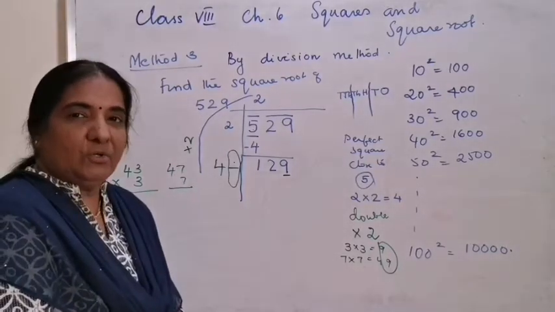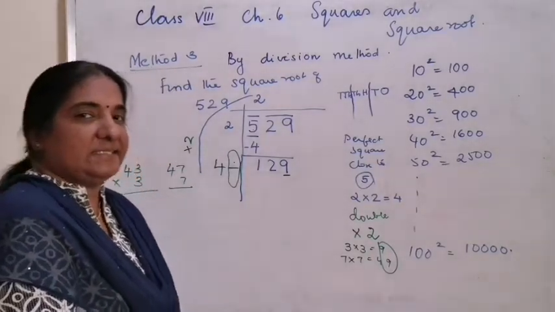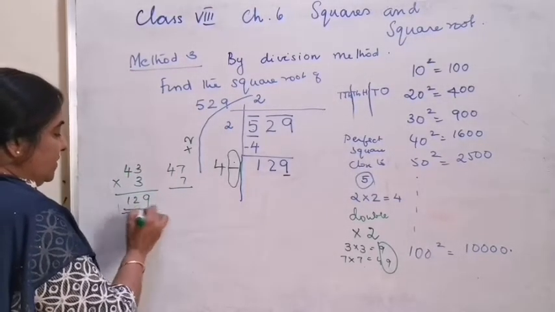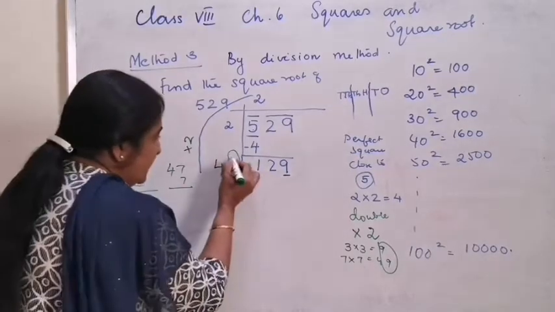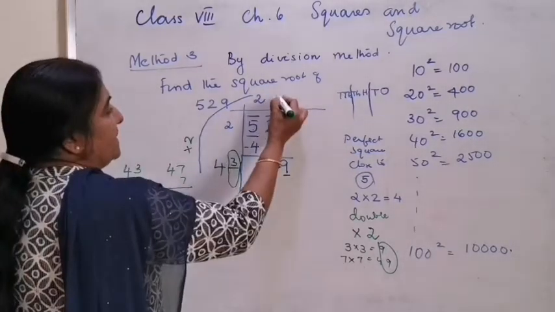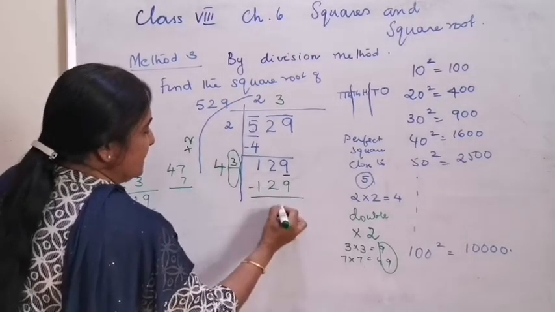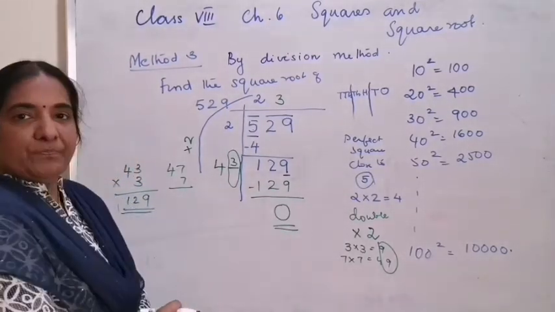You need not look into all the digits. Here 3 threes are 9, 4 threes are 12. That means the digit here should be 3. Here also 3, the 129, and the subtraction answer is 0.